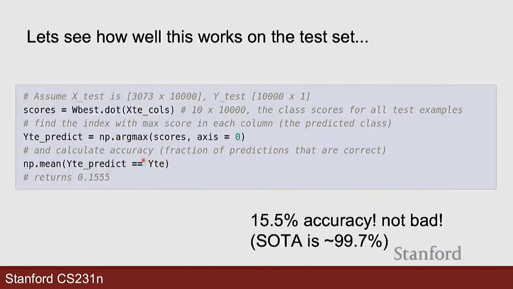You would get about 15.5% accuracy on the CIFAR-10 data set, which is the one I showed earlier with the frog and the car and things like that, with the 10 different categories. But it doesn't perform very well. The state of the art on this data set is basically solved through modern deep learning: you get 99.7% accuracy. So clearly it's not bad, but I wouldn't say it's particularly good.